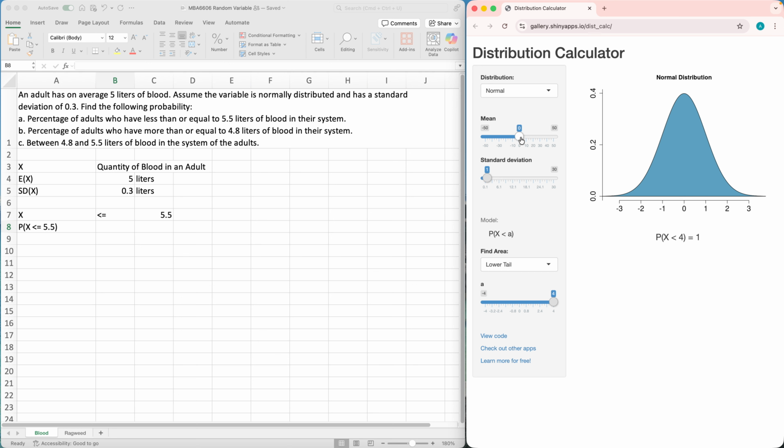diagrammatically. So let's say the mean is 5 liters and the standard deviation is 0.3. And we are interested in less than or equal to 5.5. So we are interested in this value at 5.5.